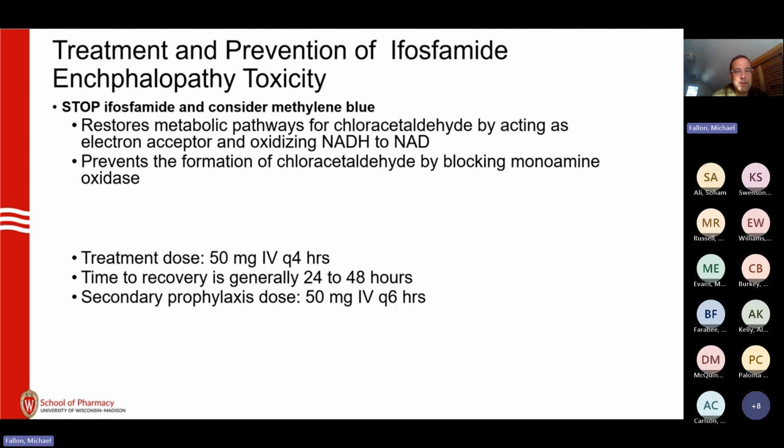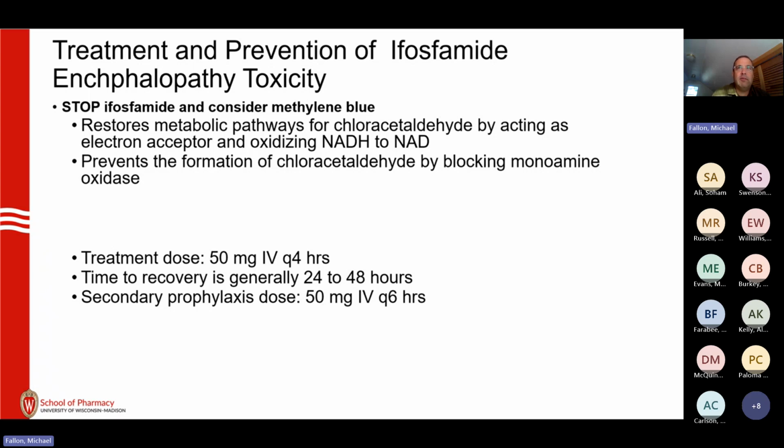Stop ifosfamide, and generally start methylene blue, unless you've ruled out a sepsis picture or some other cause of the altered mental status, then start treatment. This can be a little slow to work, you hope it would work right away, and it really doesn't. It usually takes a couple days to get out of this.